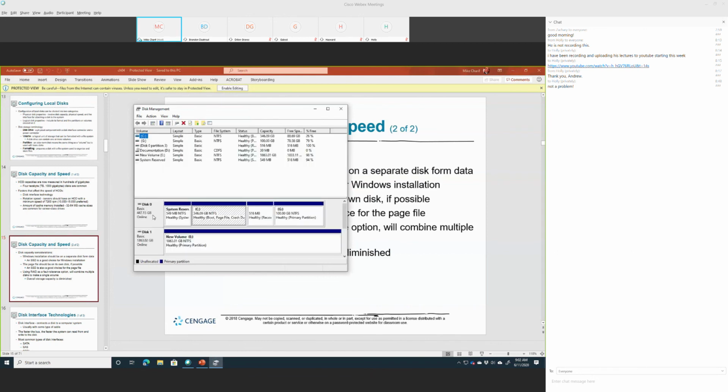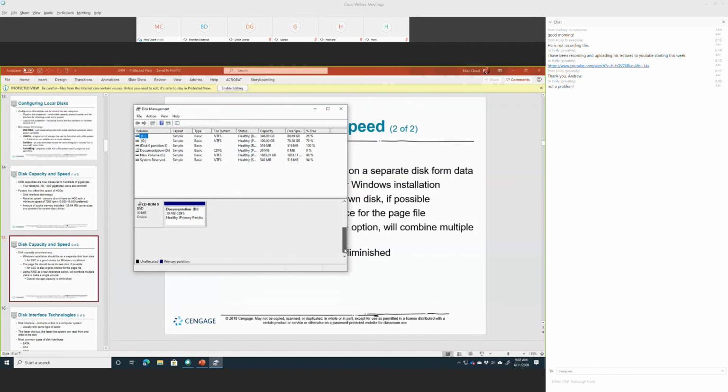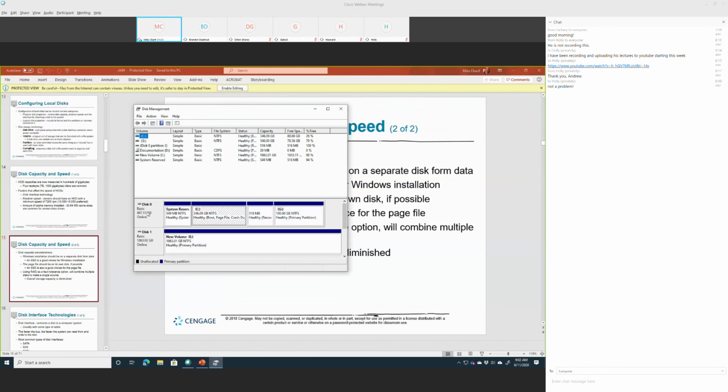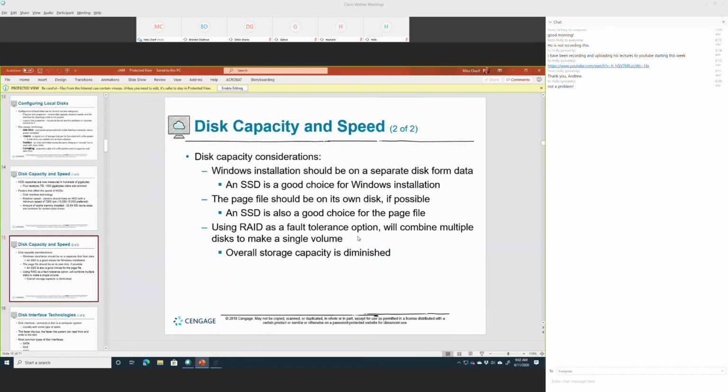See, I have drives here, this is basic, and this is basic. So if I'm going to combine volumes from each disk, I need to change to dynamic. I need to go from here to dynamic and here to dynamic in order to do that.